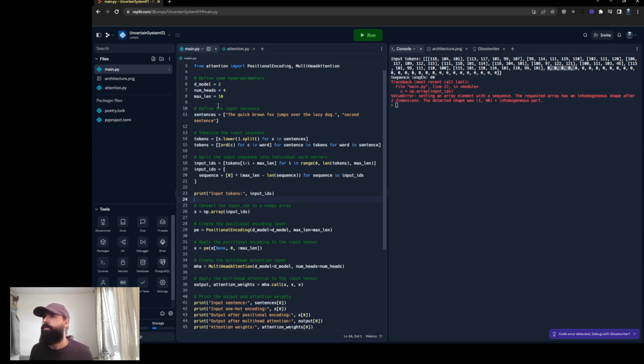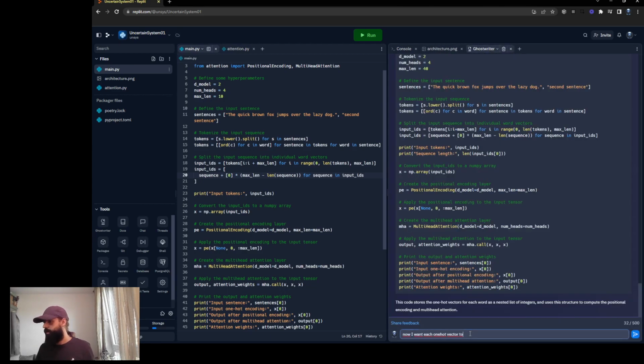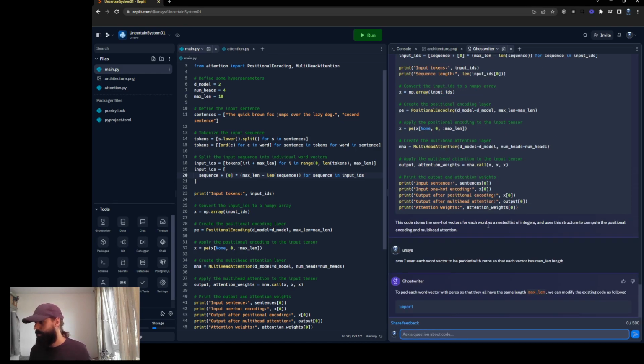So where do we have the max length? Max length is in here. I want each word vector to be padded with zeros, so that each vector has max length. I think that's what we want.